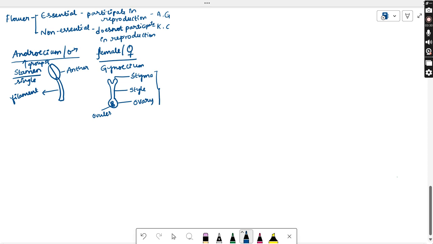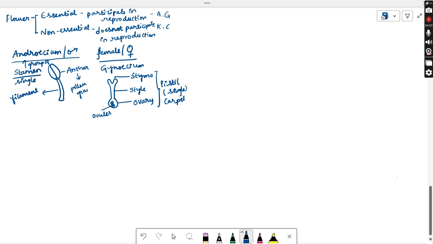Now the stigma, style and ovary together are called the pistil. If a single one is there, we call it a pistil or carpel. The whole group, we call the gynoecium, which is the female reproductive structure. Now, these are the essential parts. As for the function of the androecium, the male reproductive system, the anther produces the pollen grains.